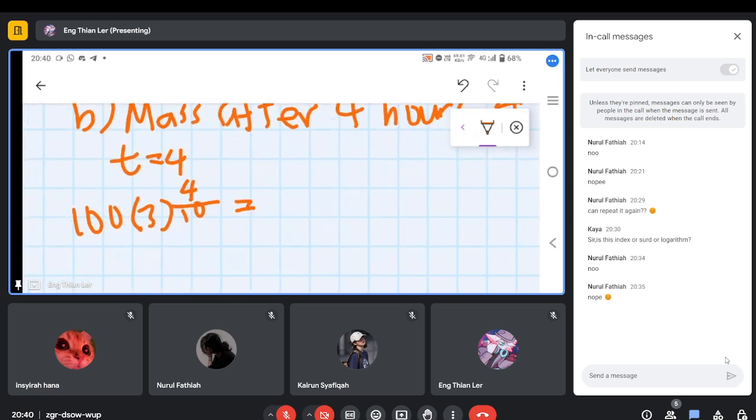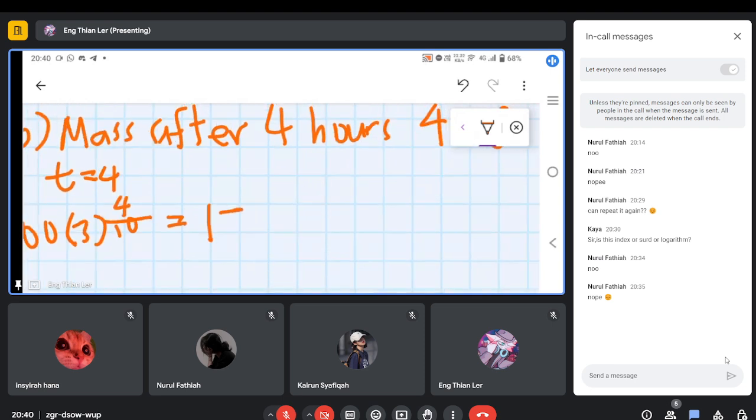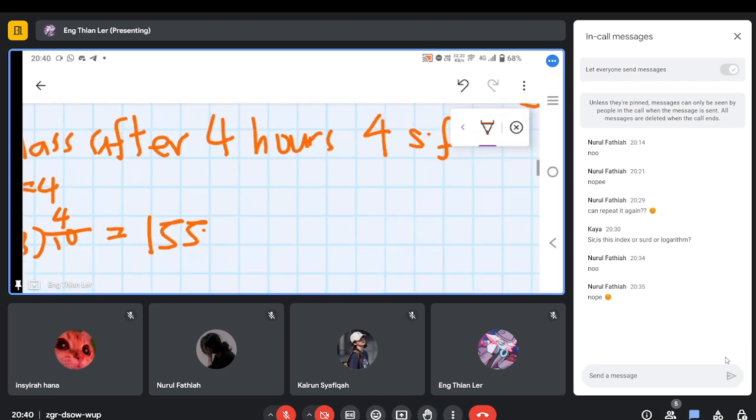So just press this on the calculator: 100 bracket, 3 to the power of bracket again 4 over 10, and then bracket. You'll get 155.1845574. This is from the calculator.